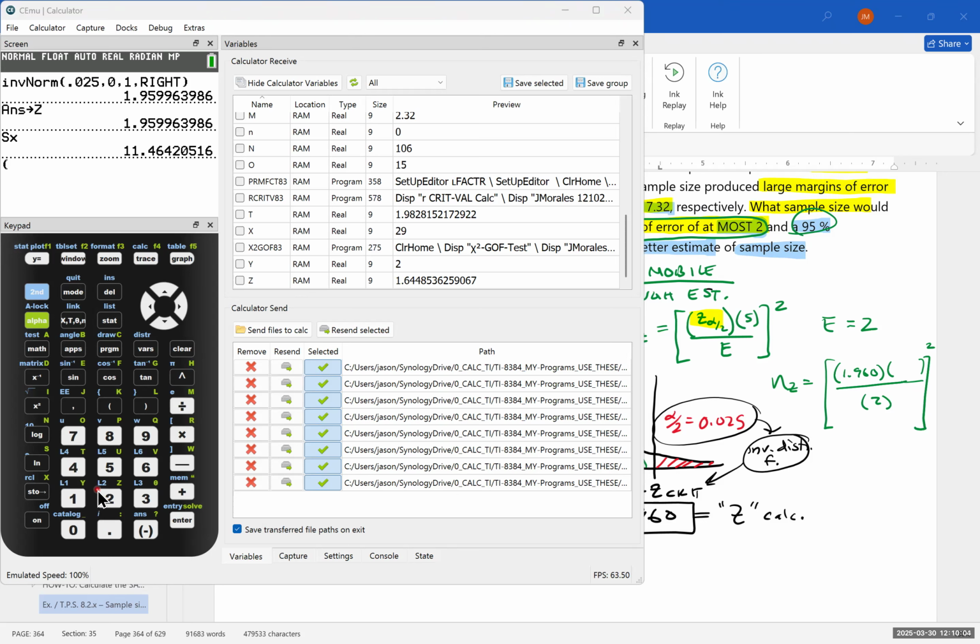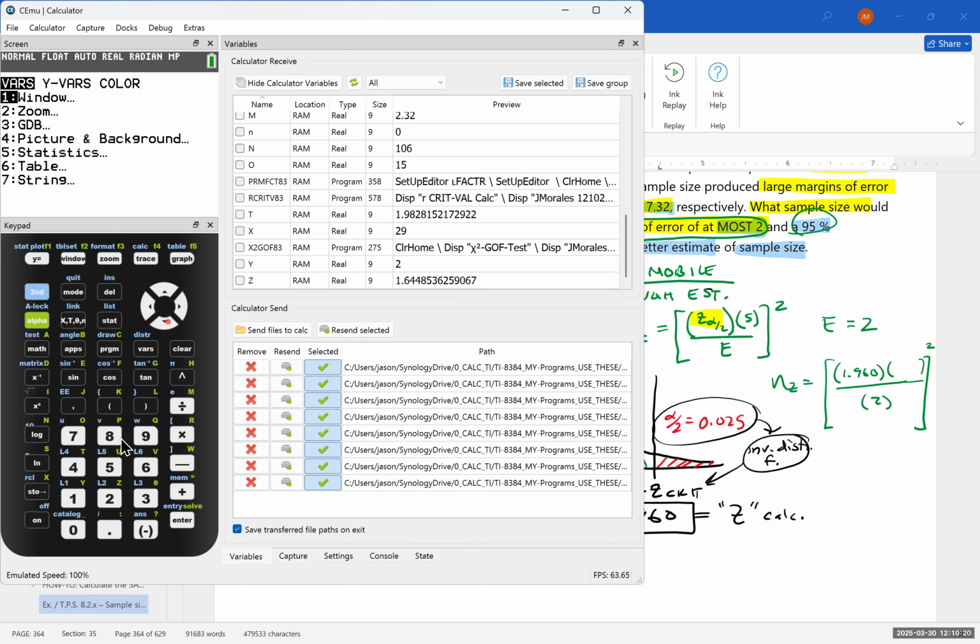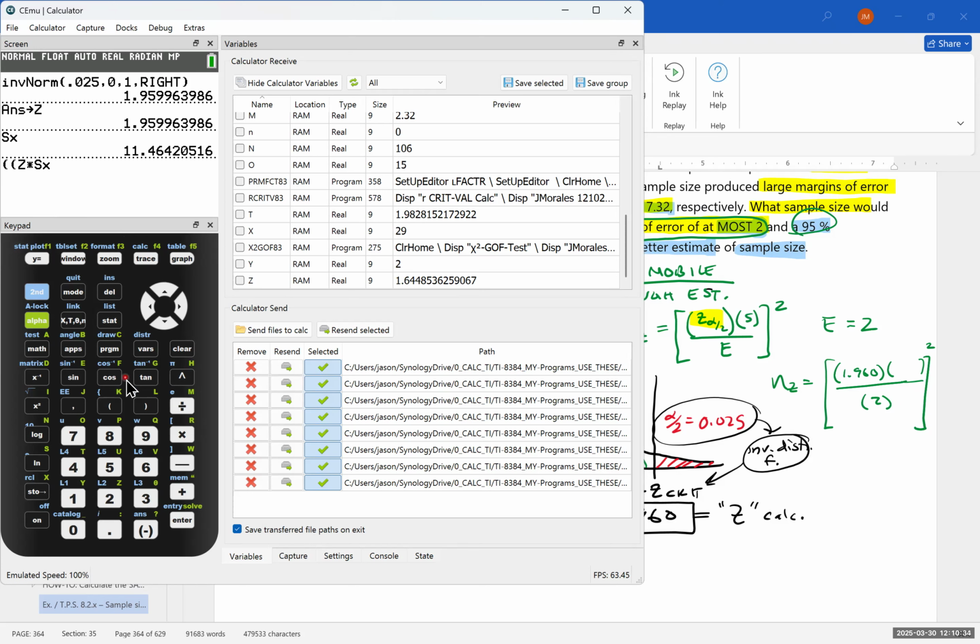So I'm going to put parentheses, parentheses again, and then got z times this standard deviation. So I'm going to hit variables, statistics. Now I don't have to arrow down and hit enter. I could have just hit the number 3 like this, and it'll put it there. And then that's going to be divided by 2. That's my error. And then I want that squared.